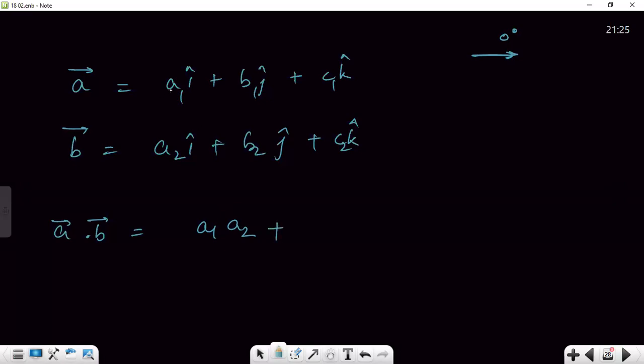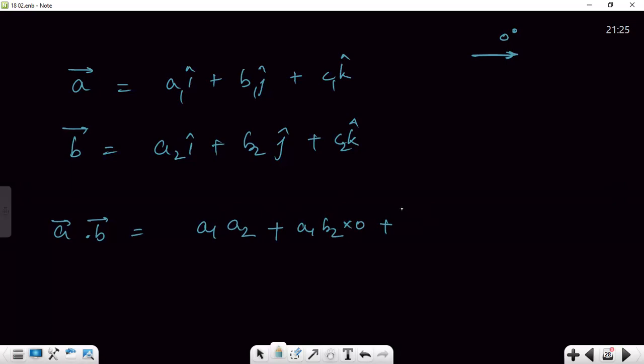Plus a1 b2 into cosine of the angle between i and j, that is 90 degrees, which gives 0. Similarly, all other dot products between i and j or k will be 0.